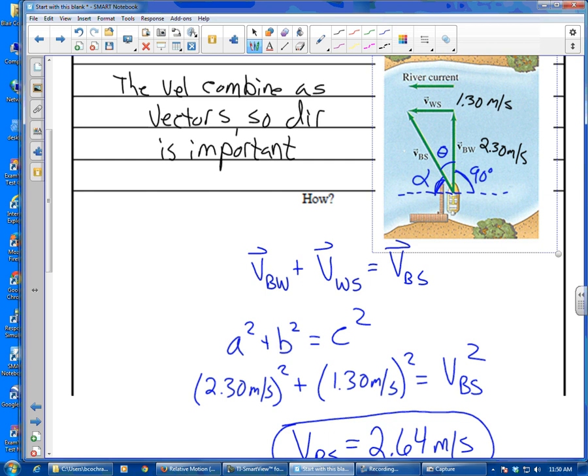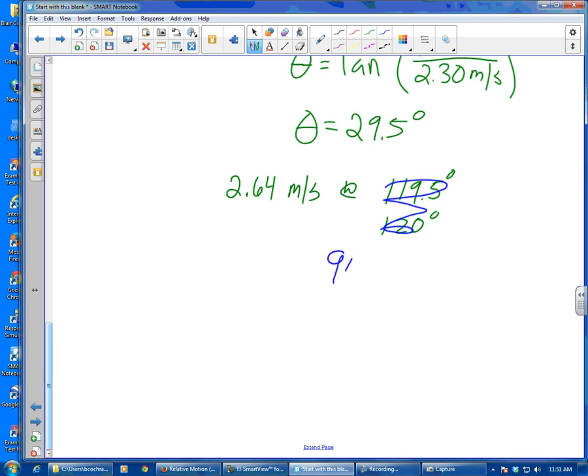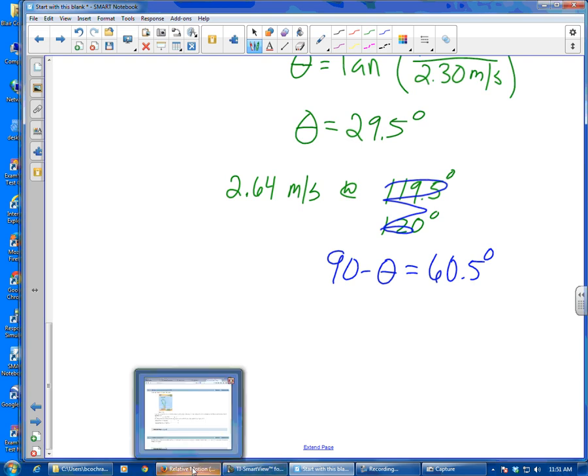So how would alpha be related to theta? Subtract theta from 90, right? So let's try that. I don't like how they were unclear, so we'll get rid of this part. And let's see, 90 minus theta would be 60.5 degrees for mine. Let's see if the answer key likes that better. I bet it does.